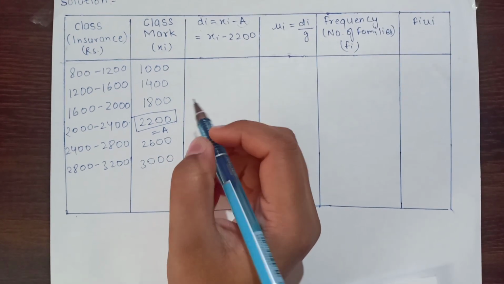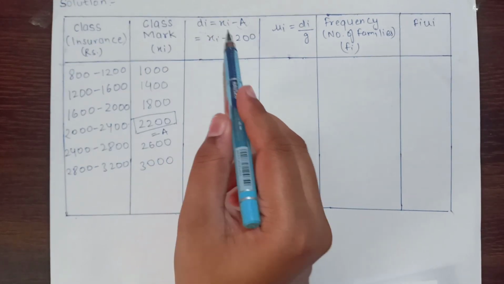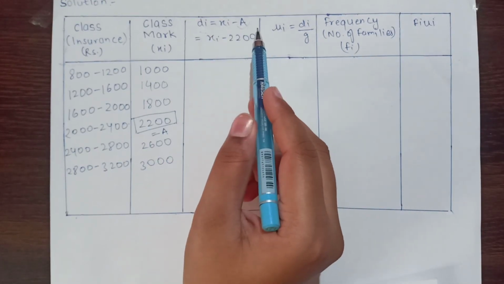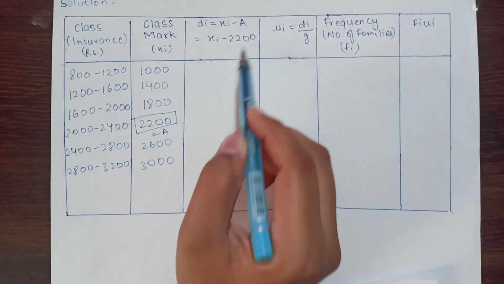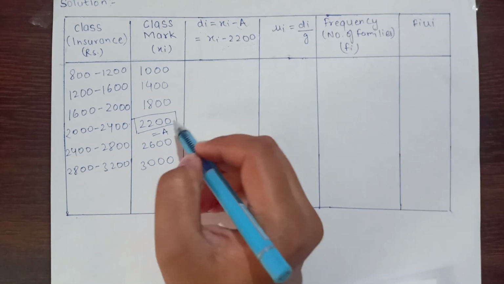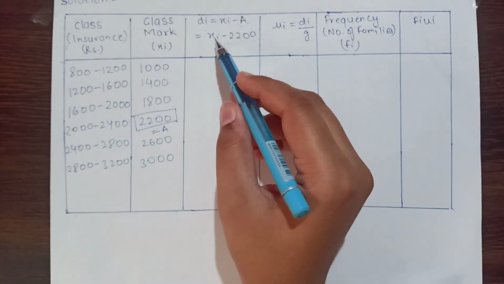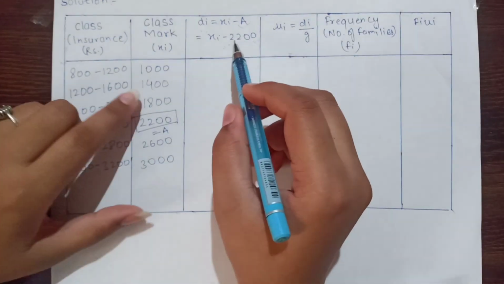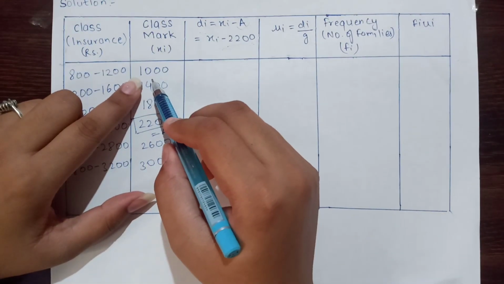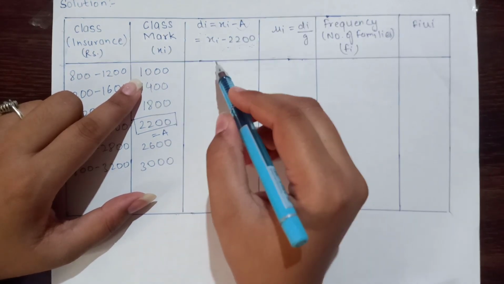Okay. So next we need to find di. So how can we find di? Using this formula, di is equal to xi minus a. The value of a, we have already taken 2200 as our a value. So we just subtract 1000 minus 2200. Whatever will be the answer, that will be our first.